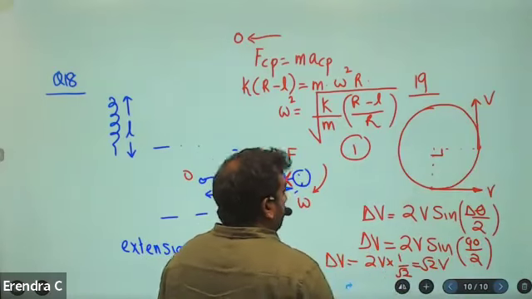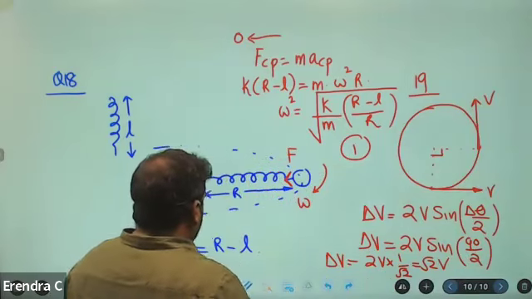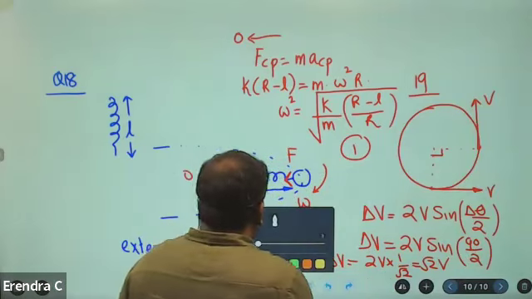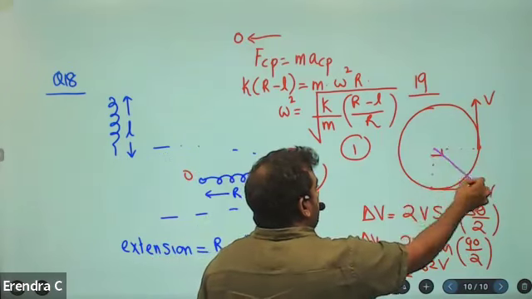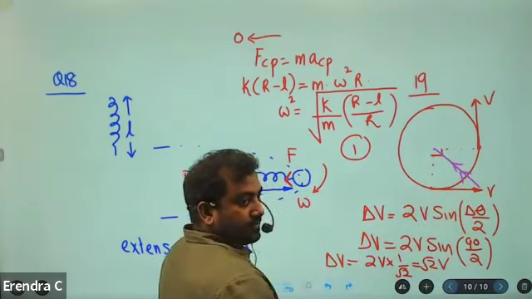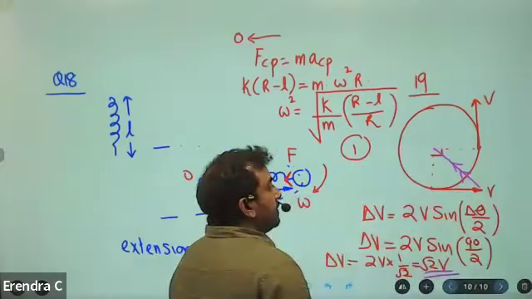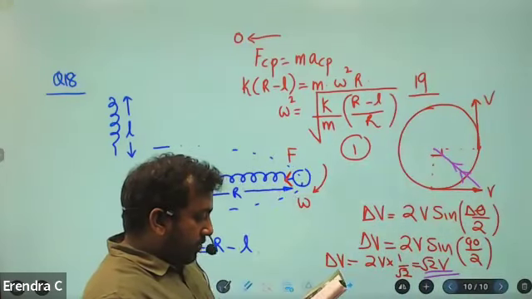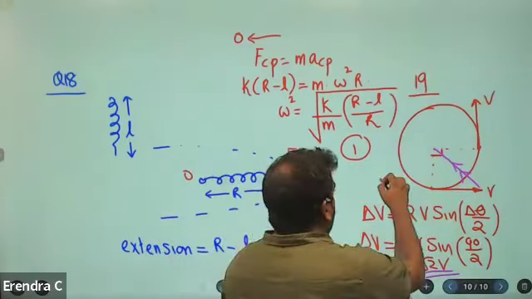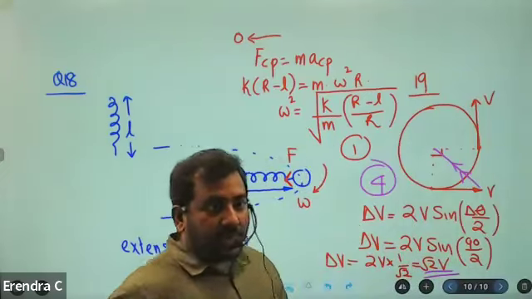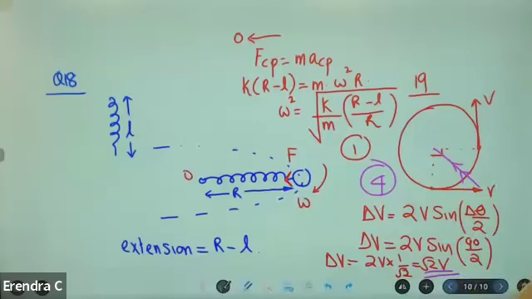Answer is root 2V. Now where is your change in velocity acting? Change in velocity is acting towards the center, angle 45. So root 2V towards the center, angle 45. What's your answer? Answer number 4. Don't go and draw the vector diagram. No need. Directly from the equation, get it.